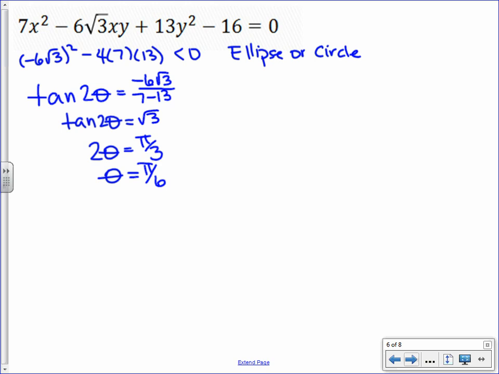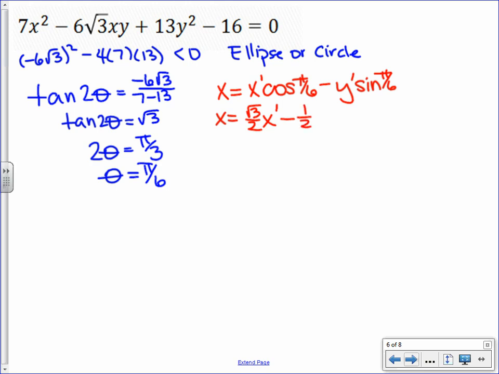Now we need our substitutions. X will become x prime times the cosine of our angle minus y prime times the sine of our angle. What is the cosine of pi over 6? Very good. So radical 3 over 2 x prime minus, what is the sine of pi over 6?